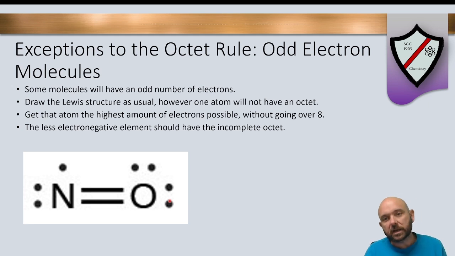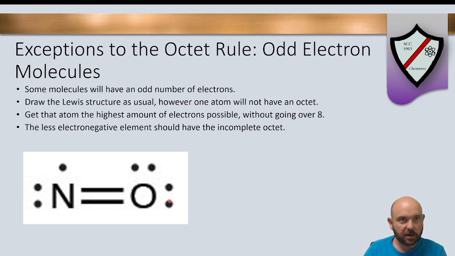You may ask why you can't slide one more pair of electrons from the oxygen over into a triple bond, and if you did that, that would actually force 9 electrons onto the nitrogen. And while we may see some molecules where the octet rule is undercut, like we do here with nitrogen only having 7, nitrogen and oxygen and carbon never go over the octet rule.